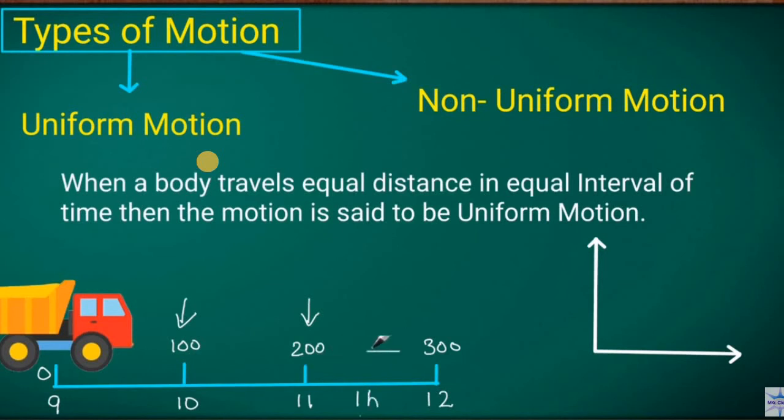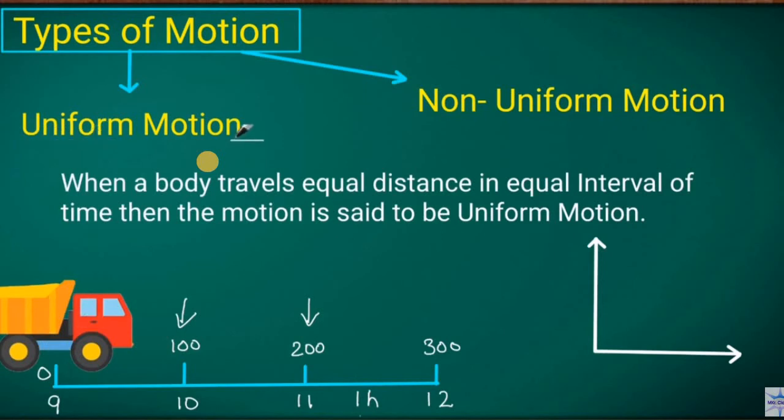So here the time interval is 1 hour, and if you consider the distance traveled, then between the intervals of time, all the distances are equal. Here you can see 100 distance is covered in the same time interval, means 1 hour.